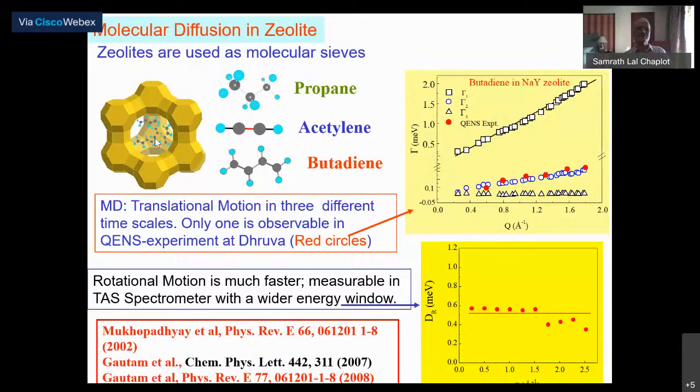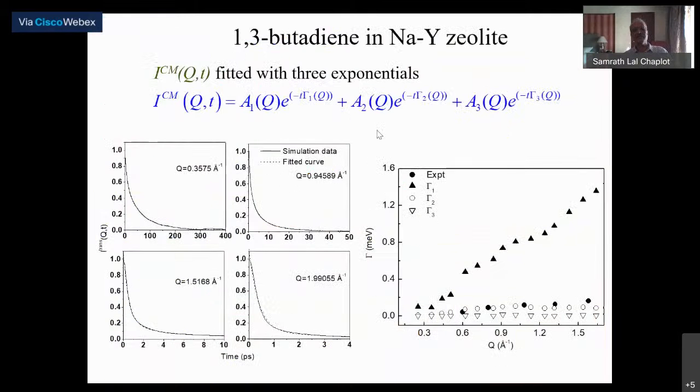At the next time scale you can have diffusion inside the cage, and at another time scale you can have diffusion through the cages from one cage to another, and so on and so forth. These particular details were done using molecular dynamics simulation for a particular molecule.